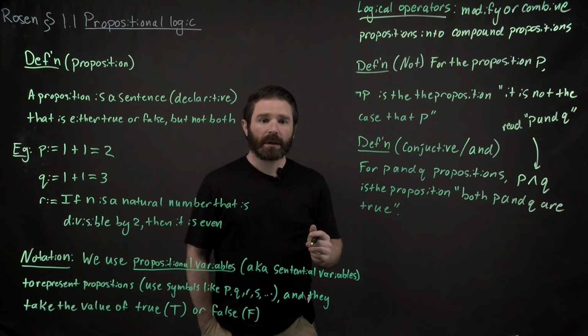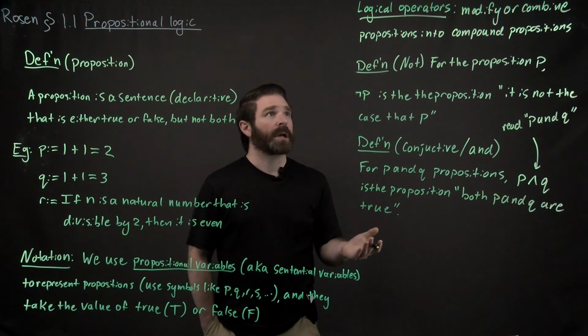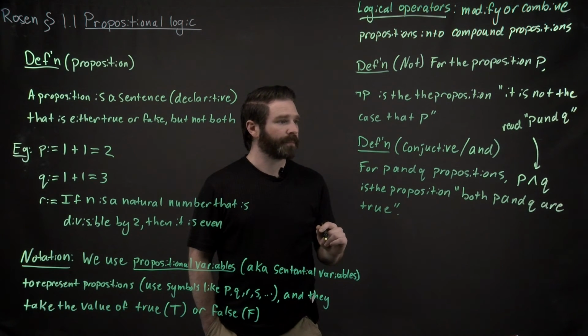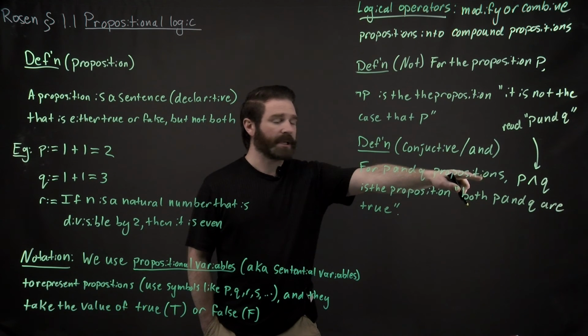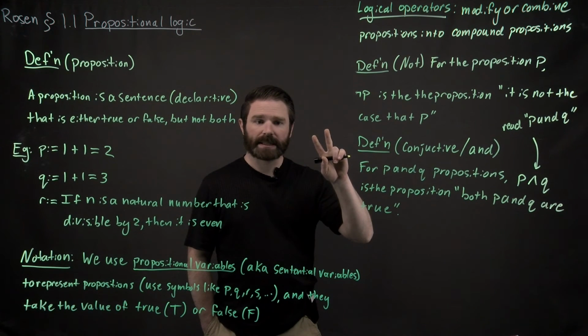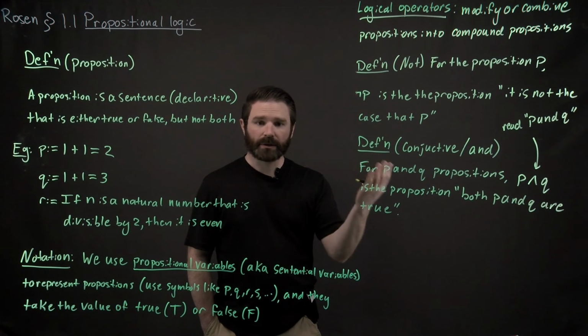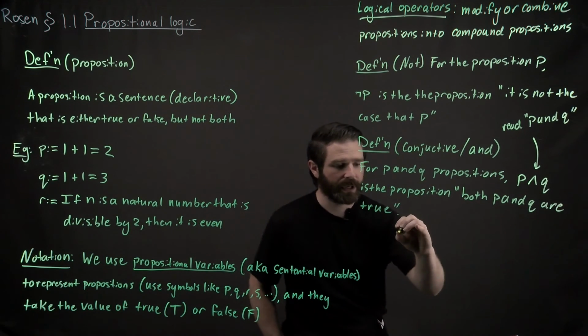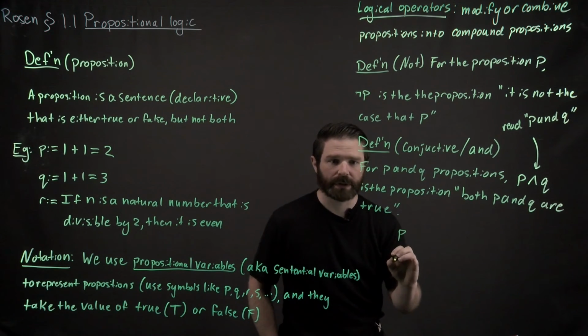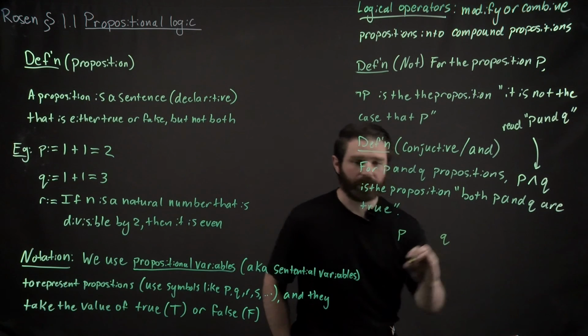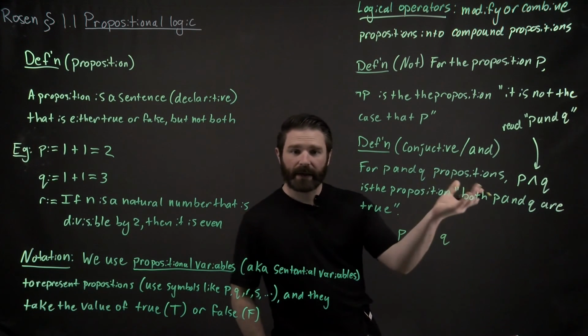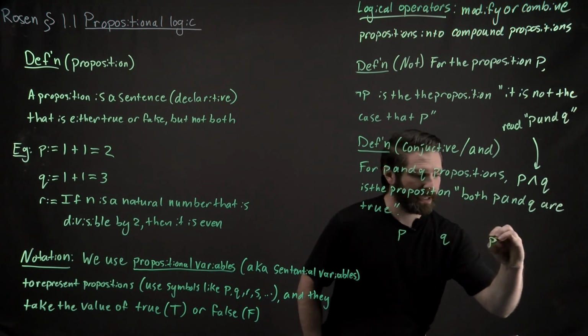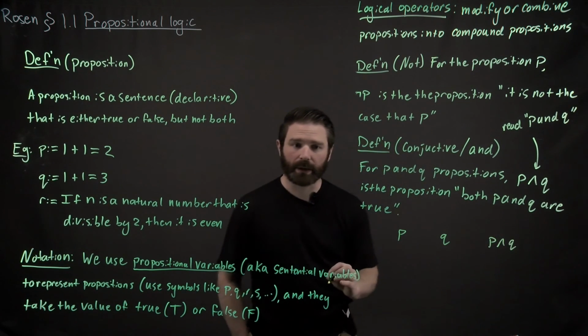So once again, truth tables will help us to be able to understand this logical operator. So here, this compound expression has two variables inside it. So to represent it in a truth table, we are going to have two columns for our variables. We have a P and we have a Q, and then we have our compound expression P and Q right here.